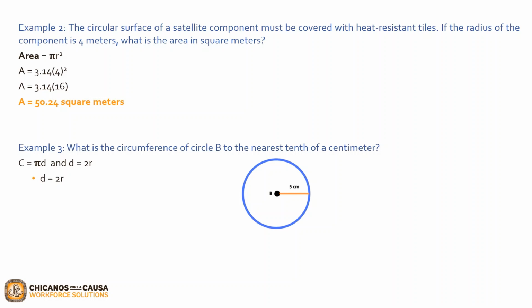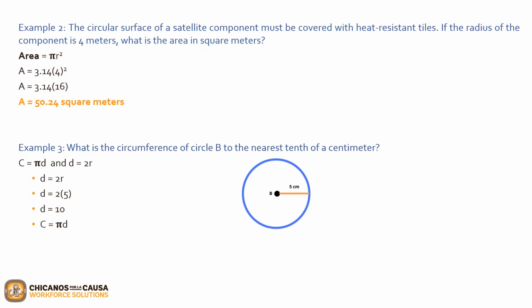We were given a value for the radius, so let's substitute our variables with the values given. We're looking for the diameter, which is 2 times radius. We replace the variable r with 5, and that gives us a diameter of 10.